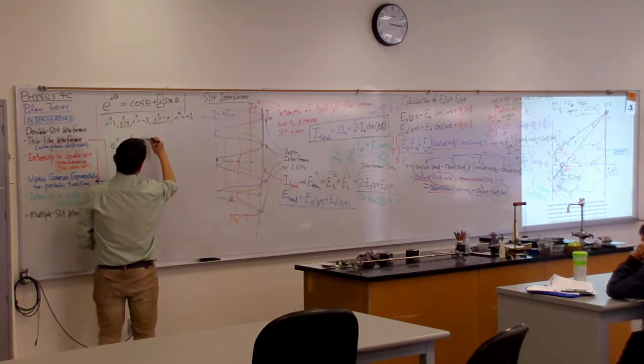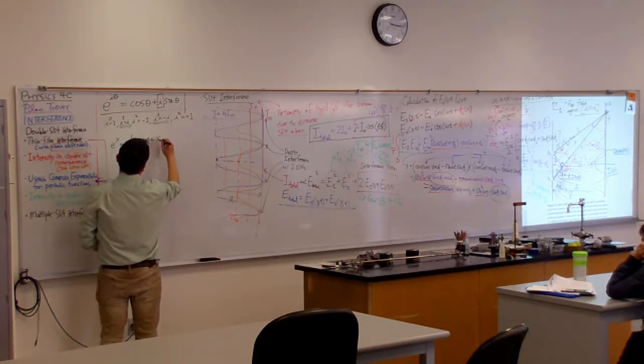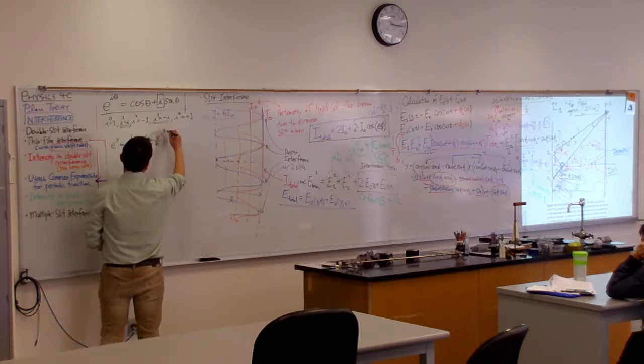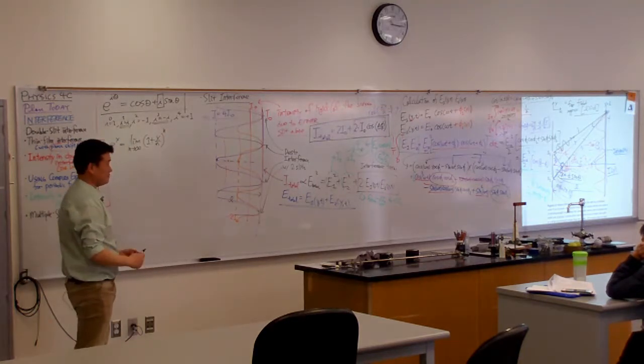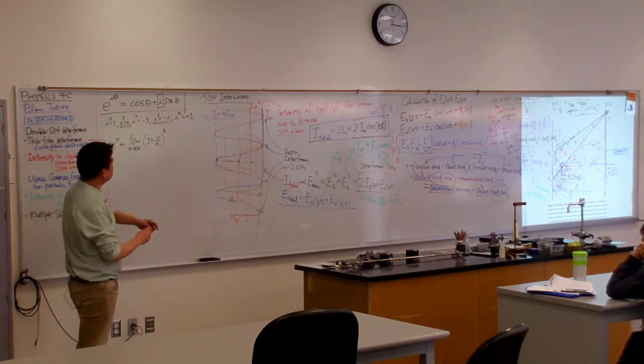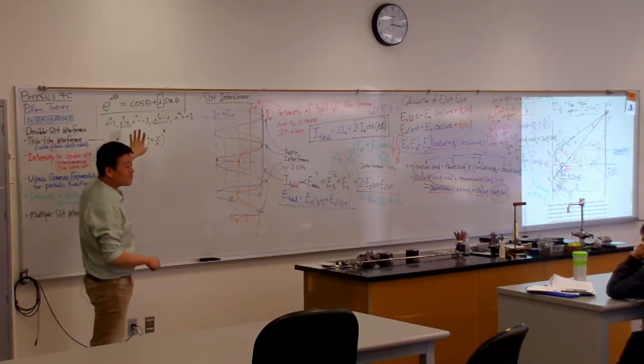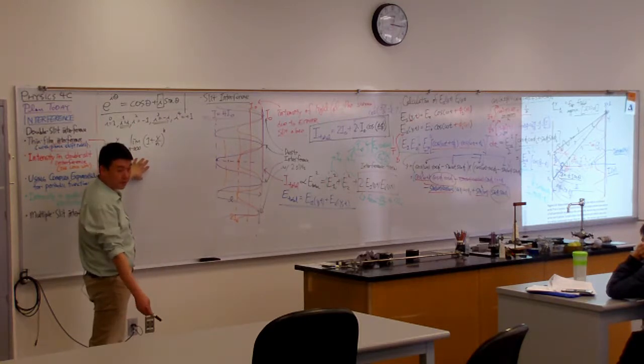What is it? 1 plus x over n raised to the power of n, something like that? Is that right? Yeah, when x is 0, this is 1. So that's how it was introduced initially, right?